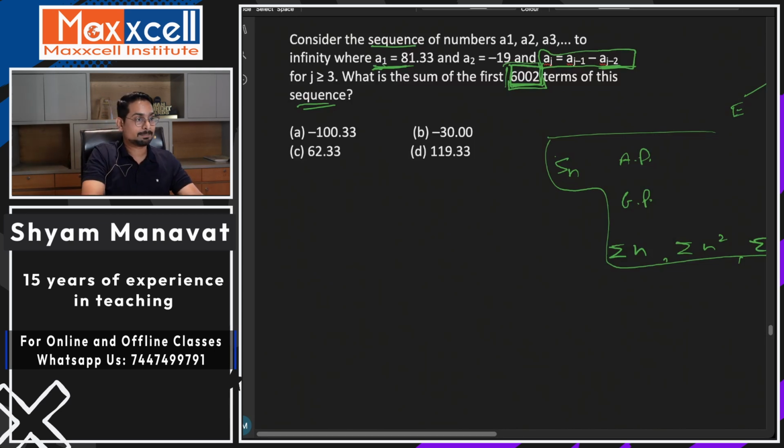Let's see. Let me show you with an example with this question itself. Now here, a1 is given and a2 is given. Okay, now look at this relation which is given. aj is equal to aj minus 1 minus aj minus 2. Now look at this.